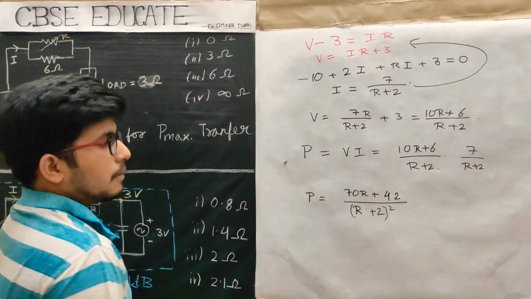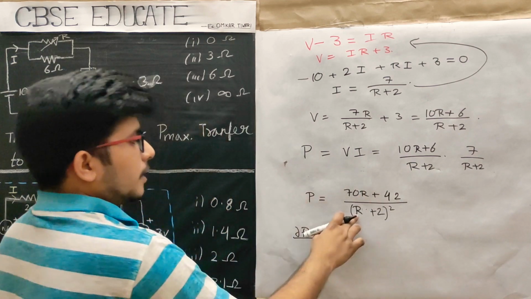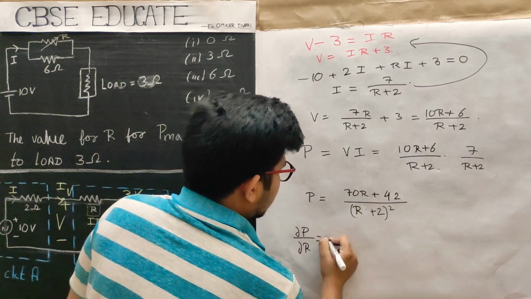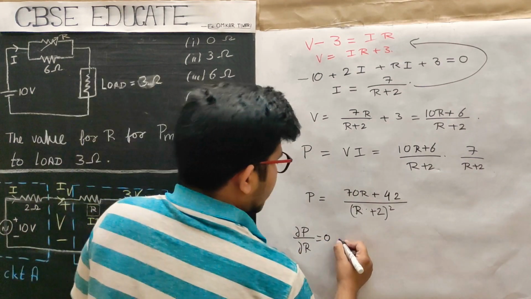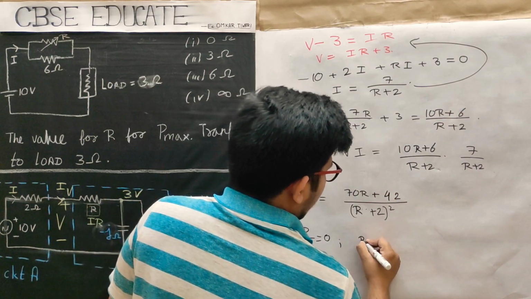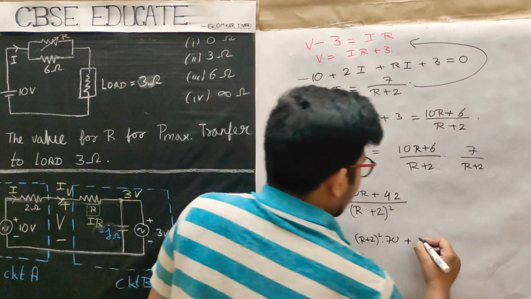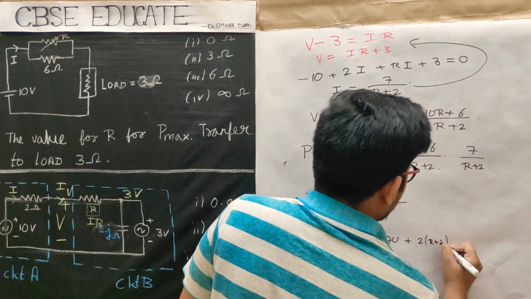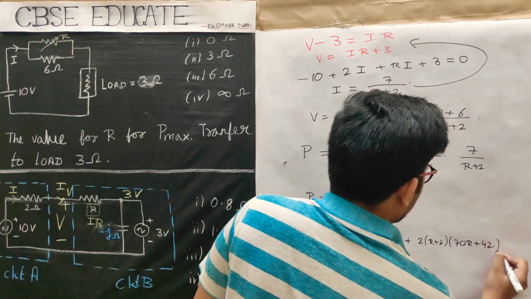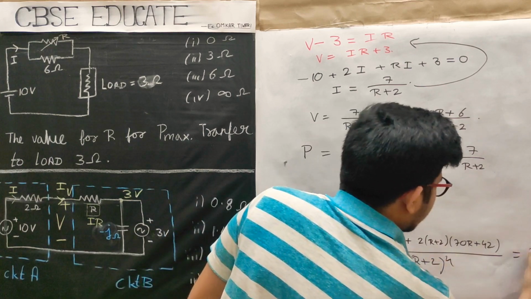Now you need maximum power. So for maximum power, you can differentiate this whole with respect to R, because P depends upon the value of R. So dP by dR is equal to 0. Differentiating this, you will get R plus 2 whole square into 70 minus 2 times R plus 2 into 70R plus 42, divided by R plus 2 raised to the power 4, is equal to 0.